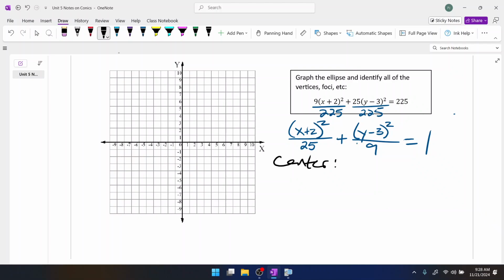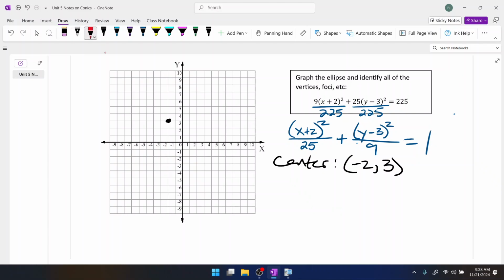So the center is going to still be located at -2, 3. And we're still going to have a horizontal major axis. Oh, my center disappeared. There we go.